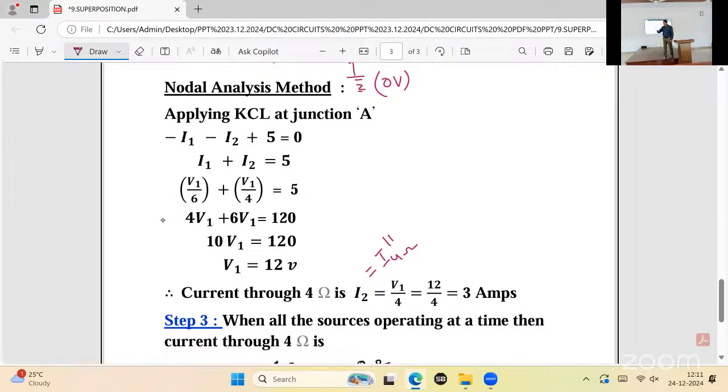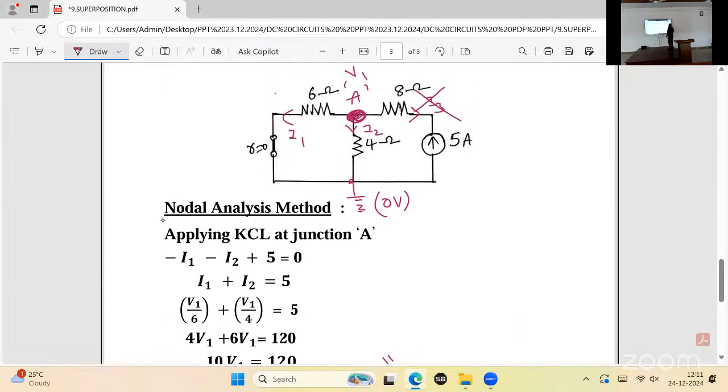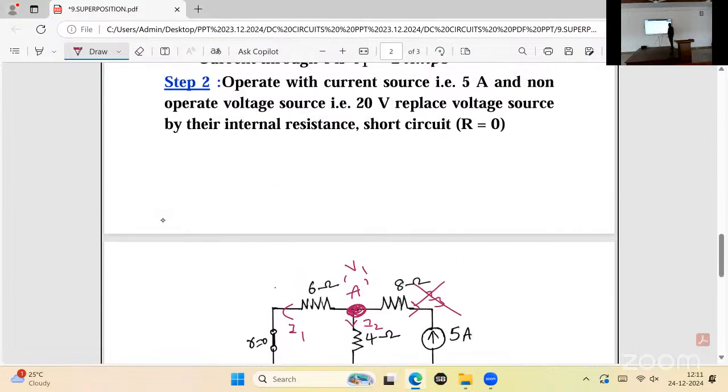Is it clear to all of you? Once again, I am telling the second point, step 2. Listen very carefully. Operate with current source, that is 5 amperes, and non-operative voltage source, that is 20 volts. Replace the voltage source by its internal resistance. What is the answer? Short circuit, R is equal to 0.